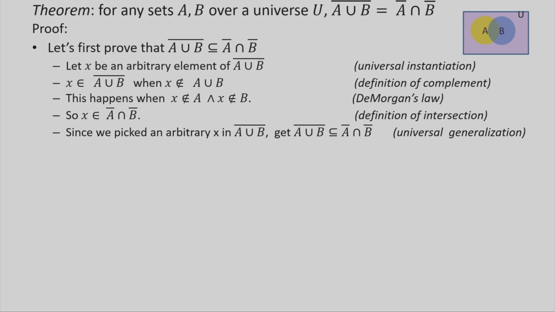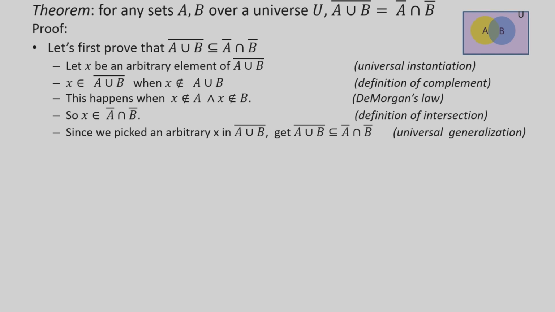Now we are going from sets to logic by using definitions of complement, union, and intersection. What does it mean for x to be in complement of A union B? It means that x is not in A union B. Something in the universe, but not in A union B. And what does that mean?